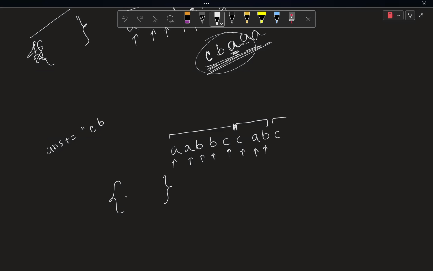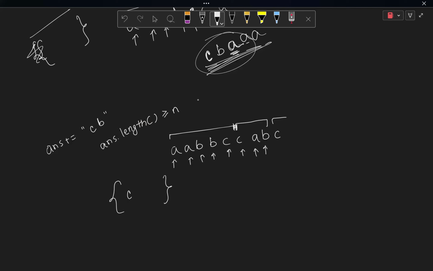In the end, you will have C in the set. The answer string would be CB, and the given string would have been completely traversed. Now you know that every time you push some character into the string answer, you have covered one block. So if you look at the length of the answer string, you get the number of blocks you covered till now.